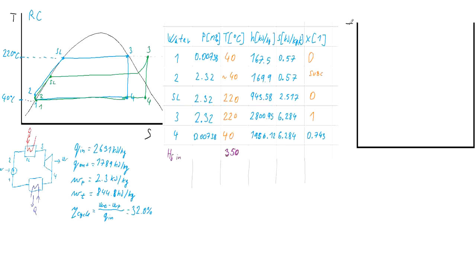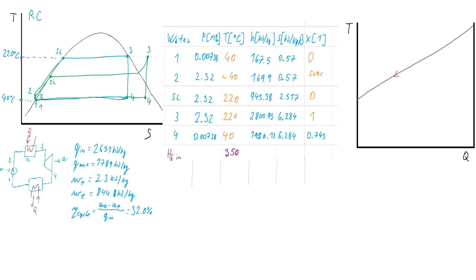So in the QT diagram, where on the y-axis we have the temperature, and on the x-axis we have the transferred heat in the heat exchanger, this heat exchanger over here, the cooling of the heat source will look like this, a straight line.